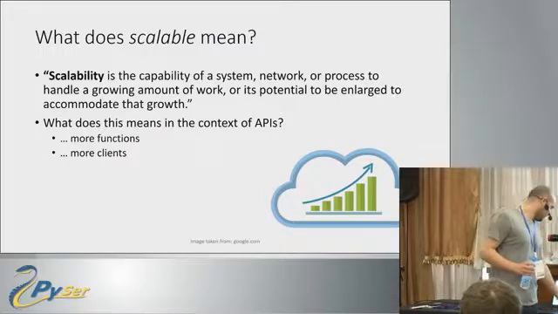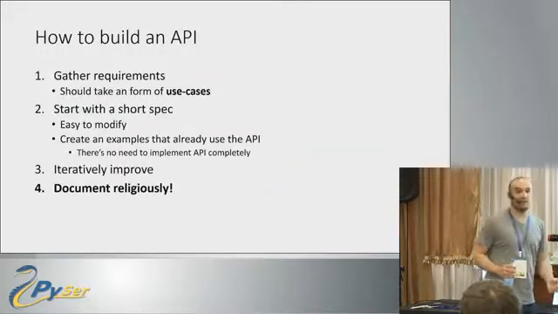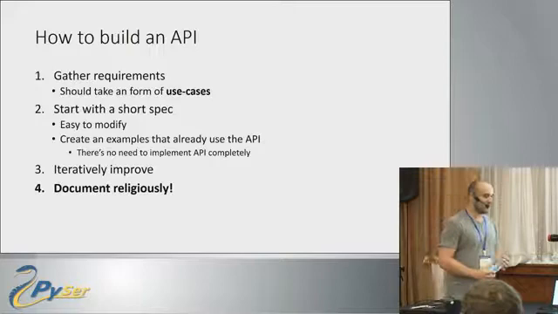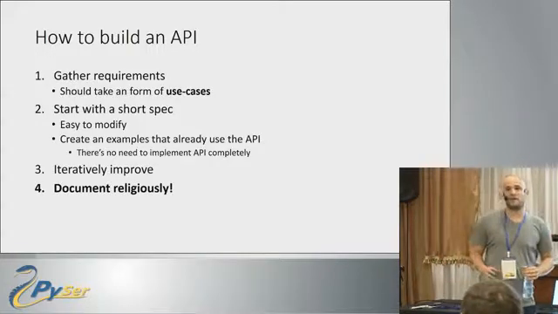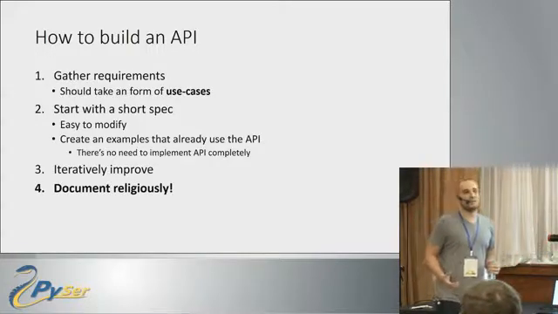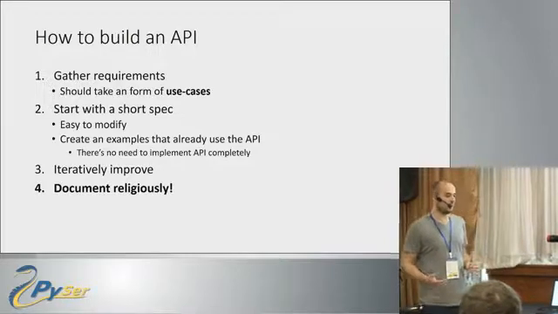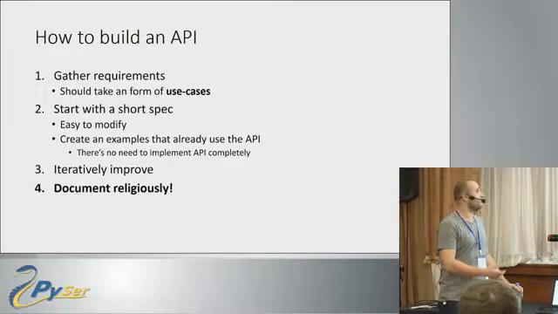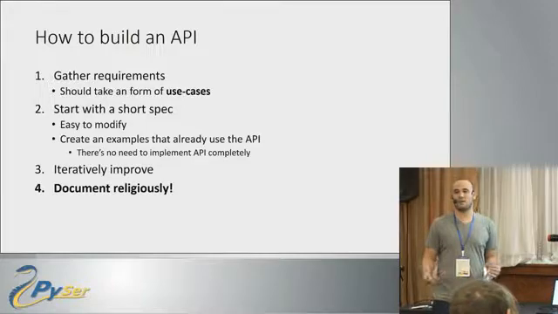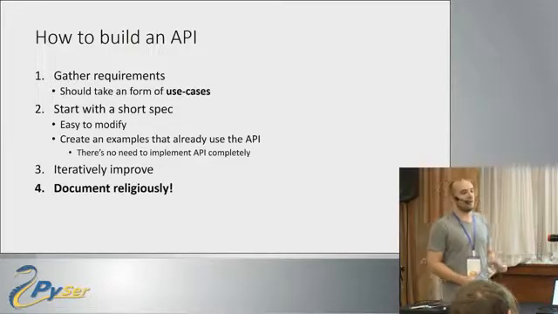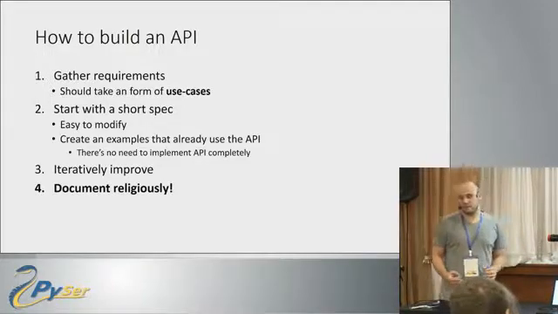So how to build an API? There are a lot of ways. If you have software that people use and you don't have an API, the first thing you have to do is get the requirements. You ask them, why do you need this API? What can this API do for you? Usually people will start talking nonsense.